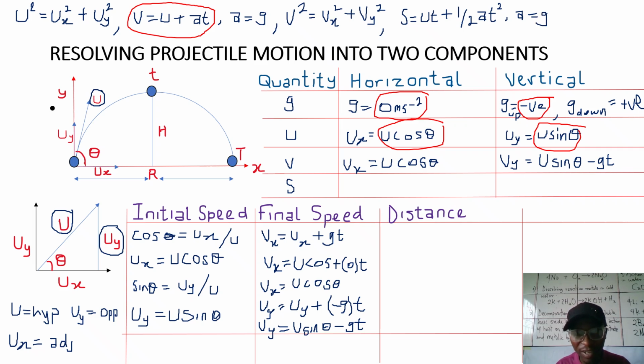Then now, to derive an expression for the horizontal distance covered by this body, we represent that as Sx, and our Sx will be equal to Uxt plus half gt squared.